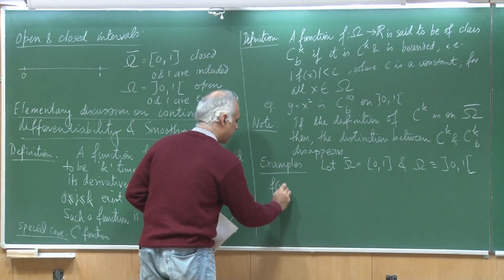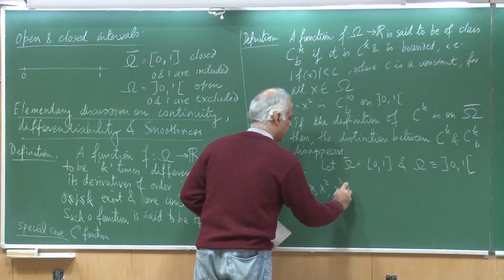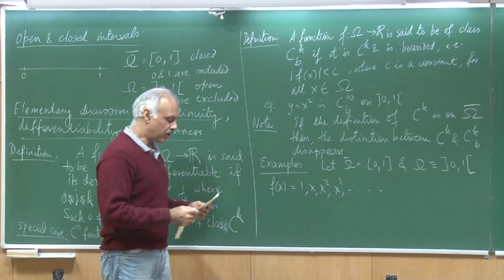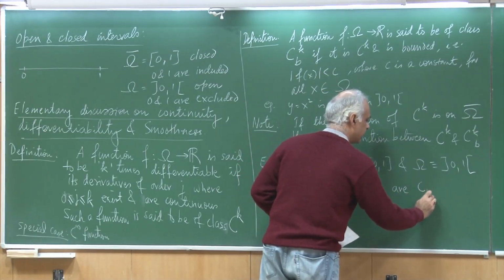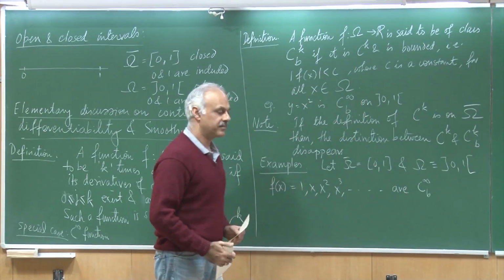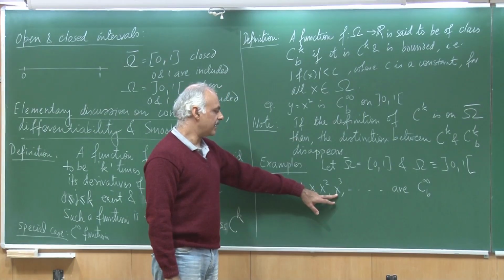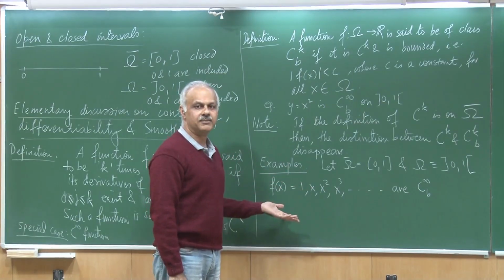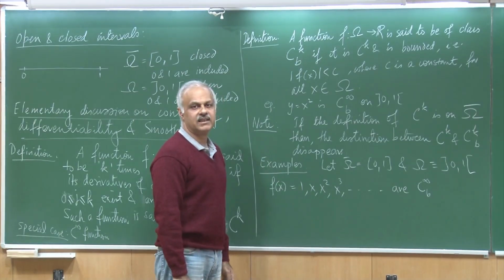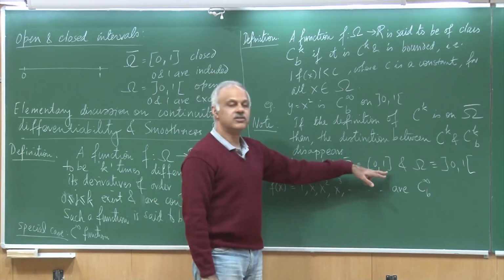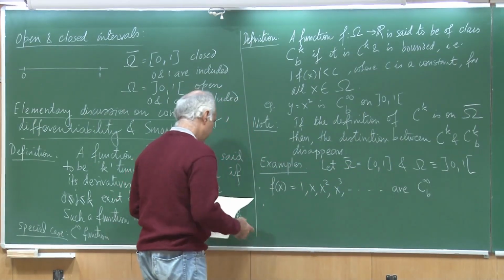So if I look at f(x) equal to 1, x, x square, x cube and so on, all these monomials, then these are C infinity B. Each of these functions I can differentiate an infinite number of times, and the resulting answer would be bounded as well as continuous over the interval 0 to 1. So that's one point.